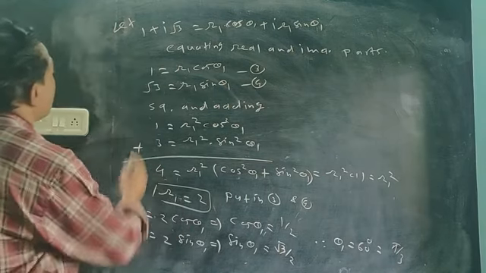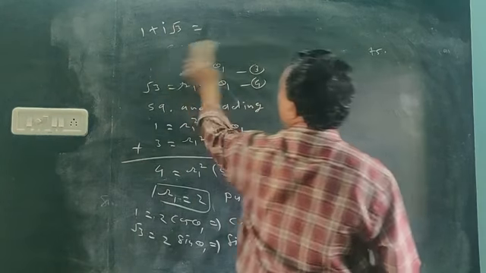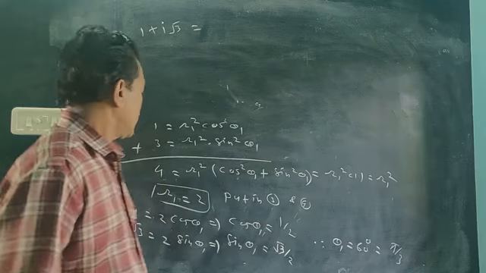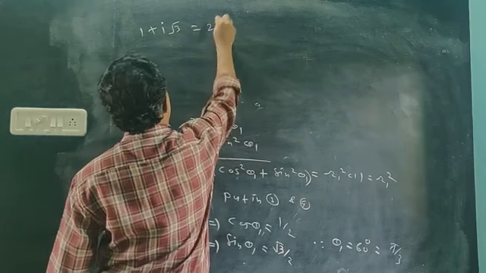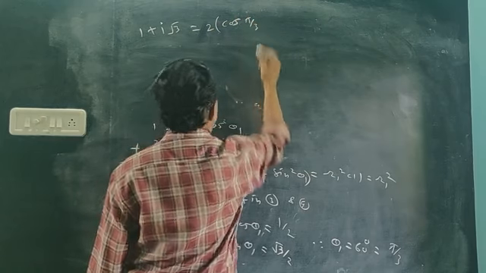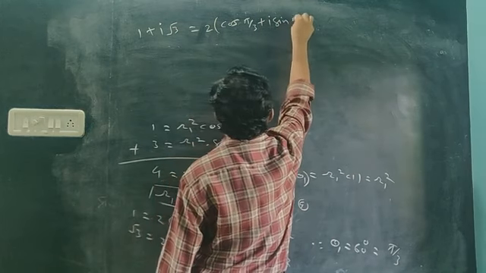Okay. So therefore this complex number 1 plus I root 3 will be: r1 is 2 common, cos of theta 1 is 60, pi by 3, plus I sin pi by 3.